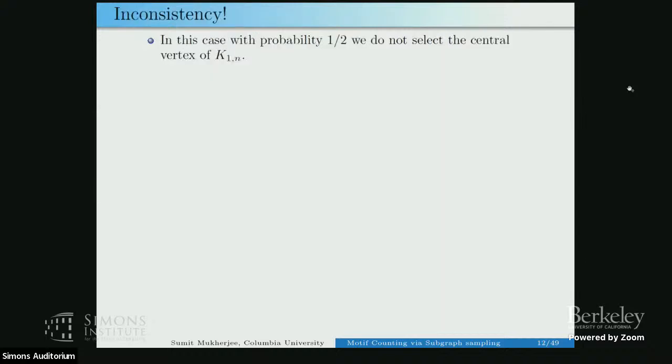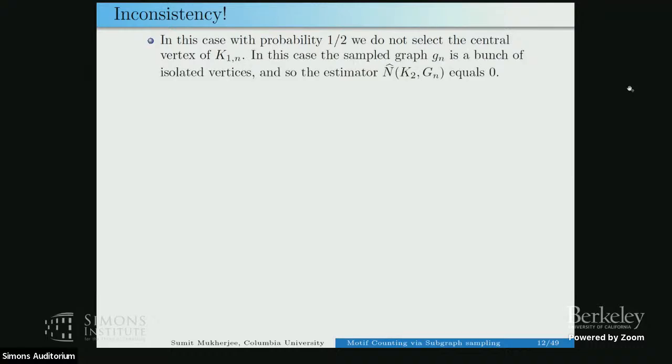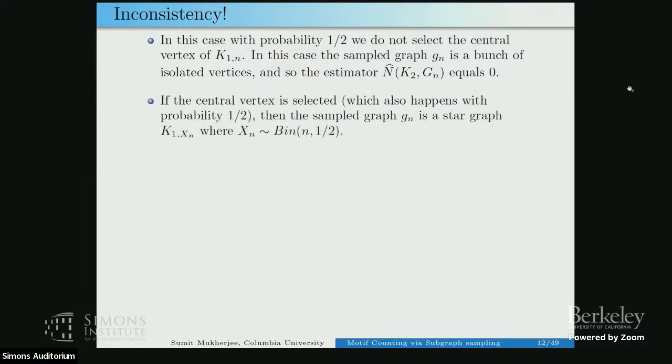So let's try and write them down. With probability half, you see a bunch of isolated vertices. In this case, your estimator is exactly 0. There's nothing going on. With probability half, you choose the central vertex, then your sample graph is a star graph with binomial many vertices. In this case, the estimator is 4 times Xn.